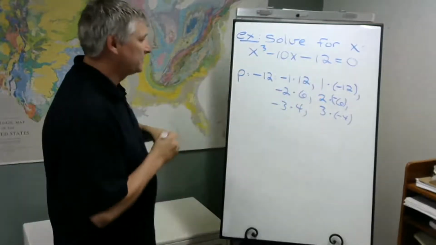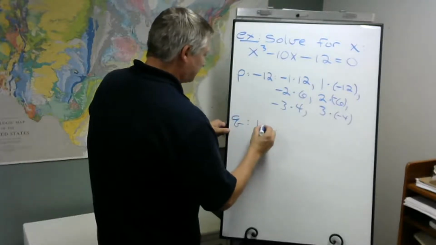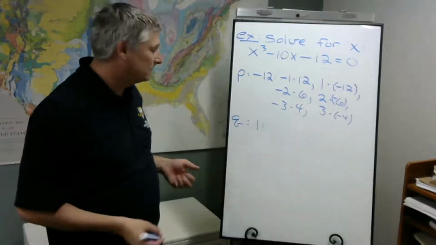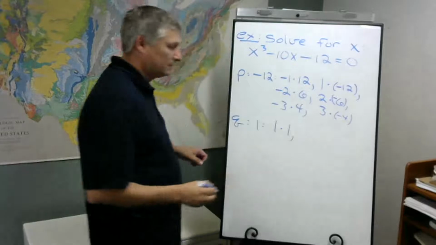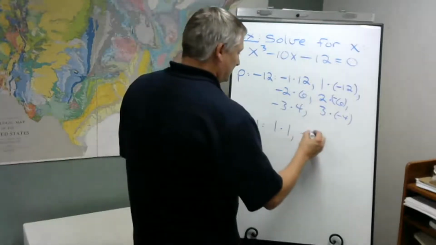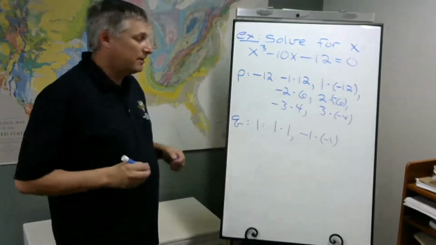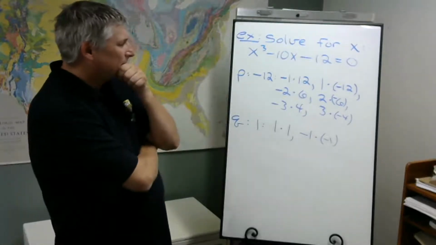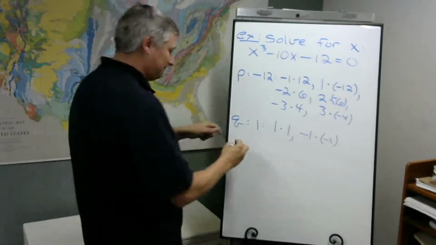Now we need the lead coefficient for Q, and that's just a positive 1. So again, what are numbers that multiply to positive 1? Well, 1 times 1, but also negative 1 times negative 1 will also give you positive 1. So when we consider a P over Q, we're going to get this.